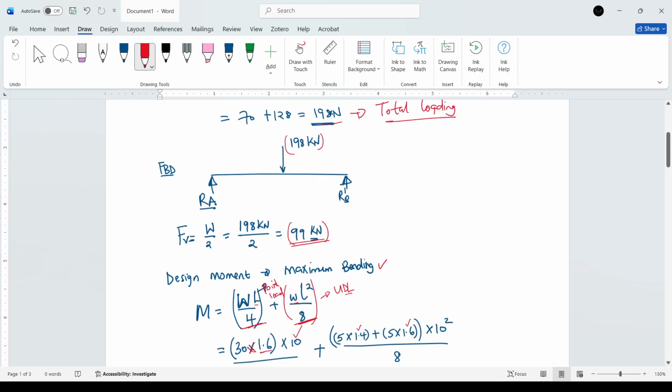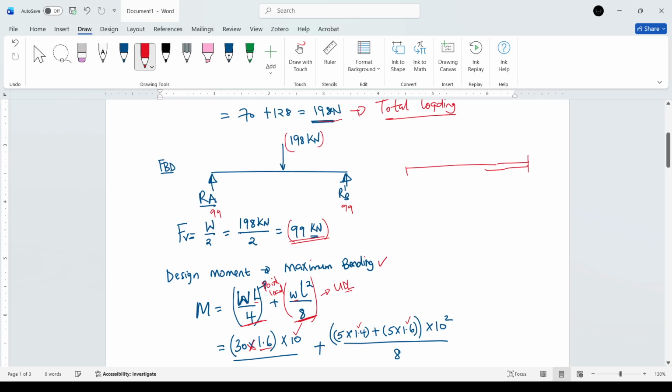If we decide to draw the shear force diagram for this one, for 198, what will it be? Because this will be 99, 99. If we decide to draw the one for this, how will it look like? It will increase by 99, become constant, reduce by 99, and then increase by 99, isn't it?